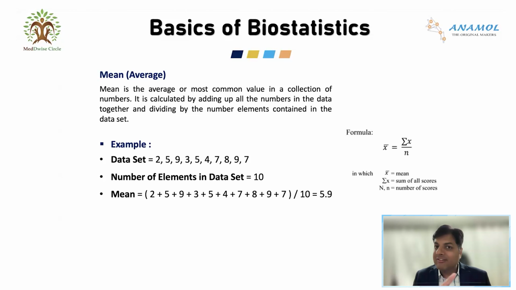Yet, the average of all the students is 5.9. So it is important to understand that 5.9 is not an actual value. It is a mathematically derived value. Now, this value is the target value that we print on the value chart of the control.